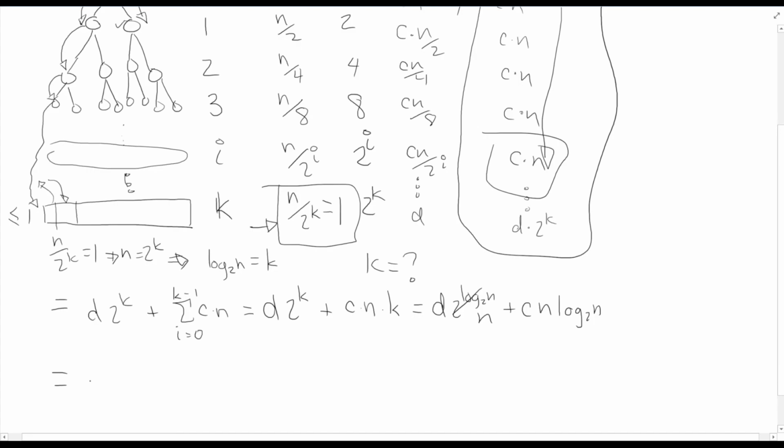So, all in total, we get d times n, that's my first term, plus my cn log n term. Well, that's the dominant term. Multiplying the n by log n makes it bigger, so this one's smaller. So we get big O of n log n.